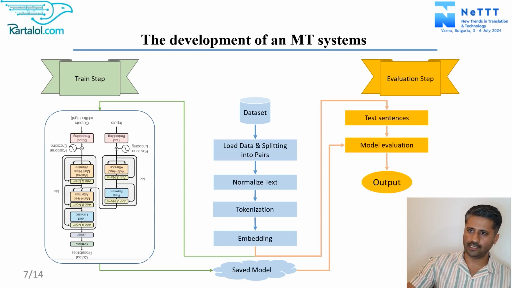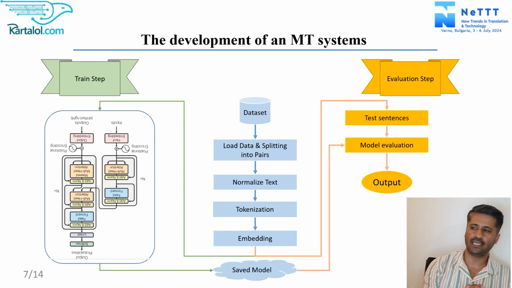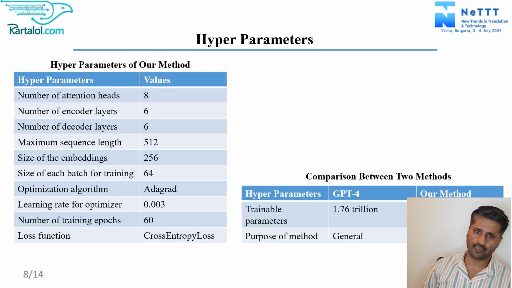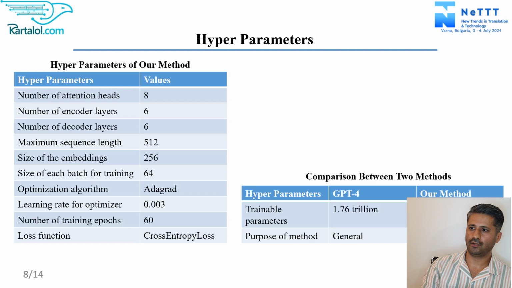Okay, so in hyperparameters, let's take a closer look at hyperparameters used in our machine translation model compared to ChatGPT-4. These parameters are carefully chosen to balance performance and computational efficiency. Trainable parameters: in ChatGPT, we have 1.76 trillion parameters, while our model has just 71 million parameters.